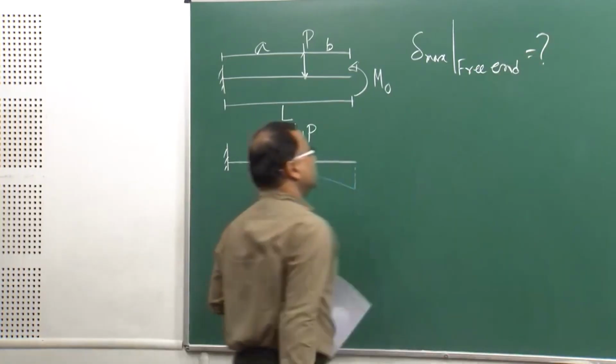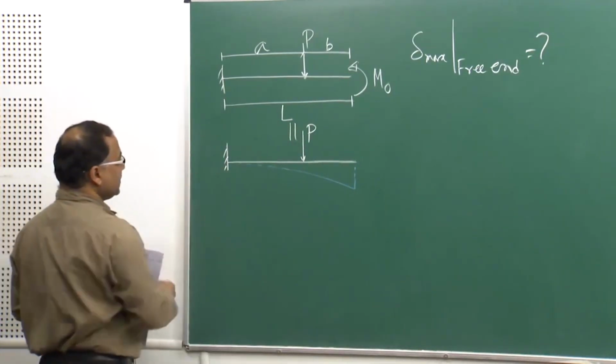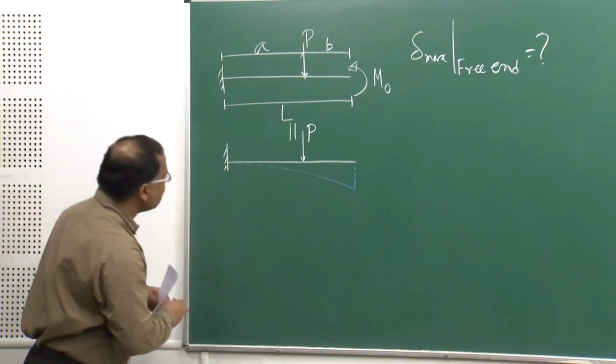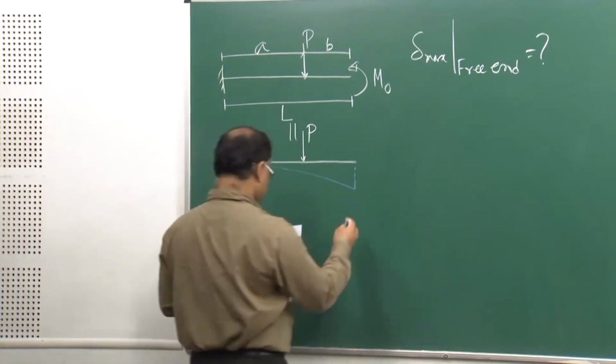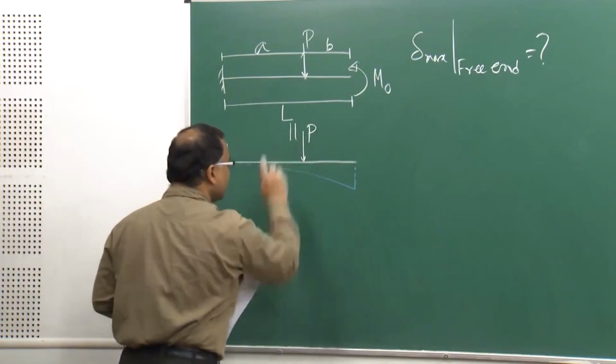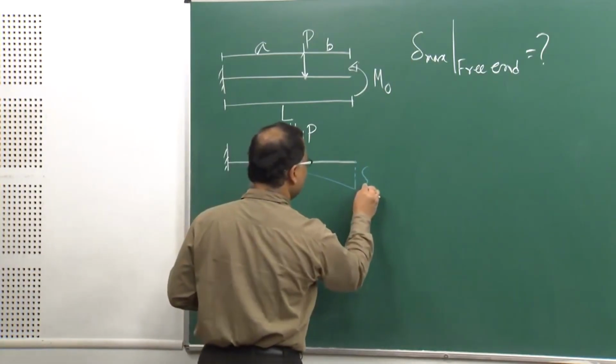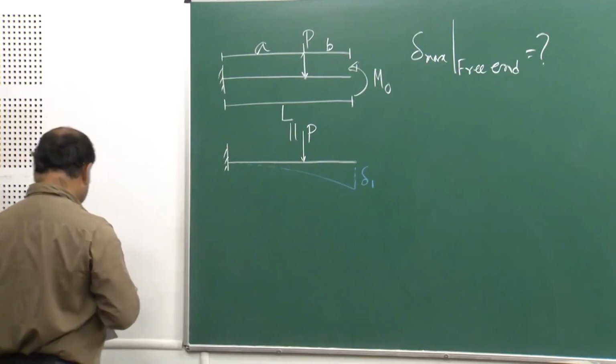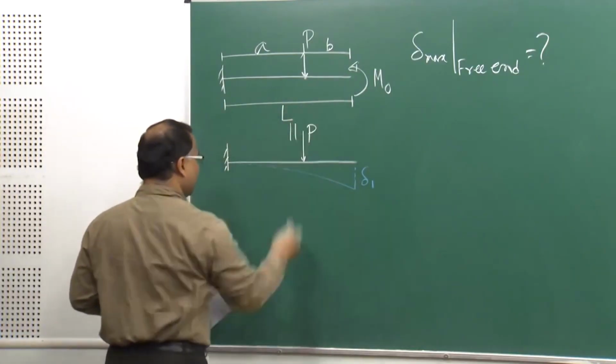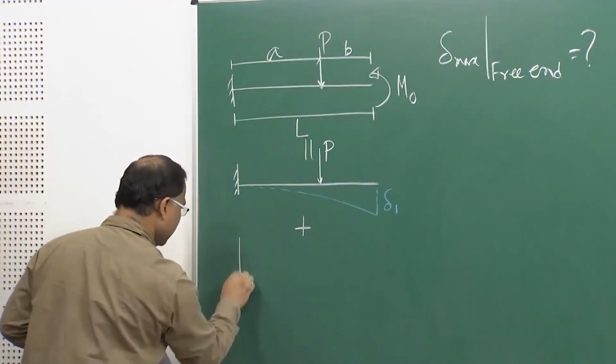This is the deflected shape under this loading, that means only one load is there. That is delta 1, and this part can be added.